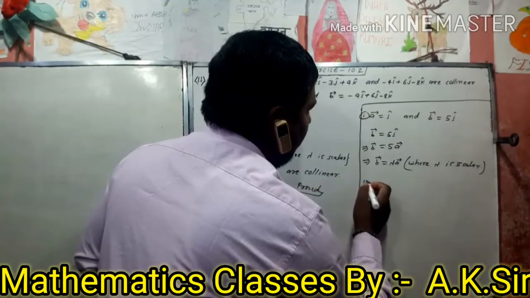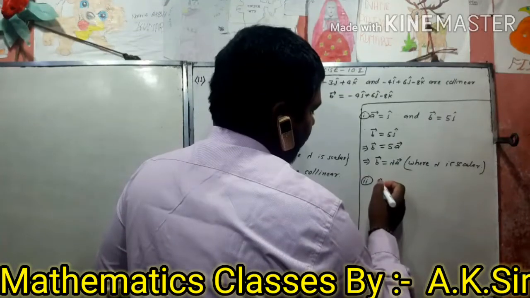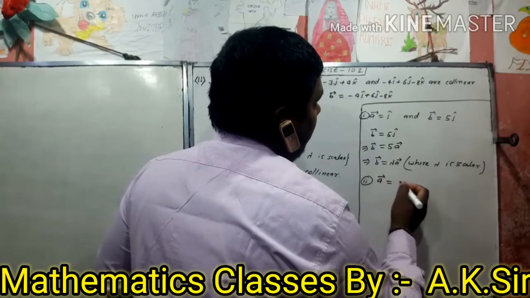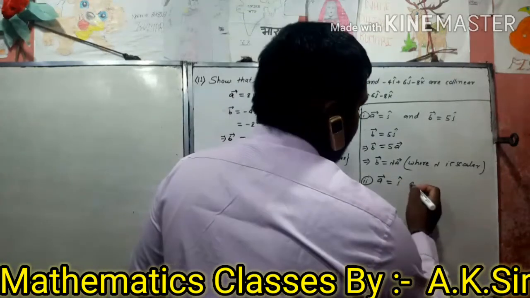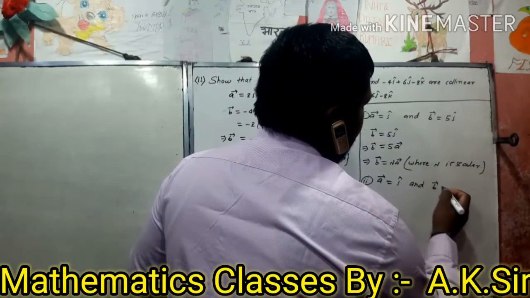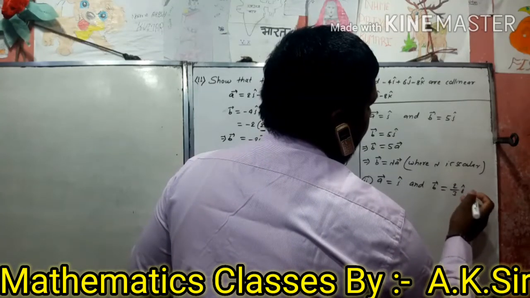We take another example of parallel vectors. A vector is equal to i cap and B vector is equal to 2 by 3 into i cap.